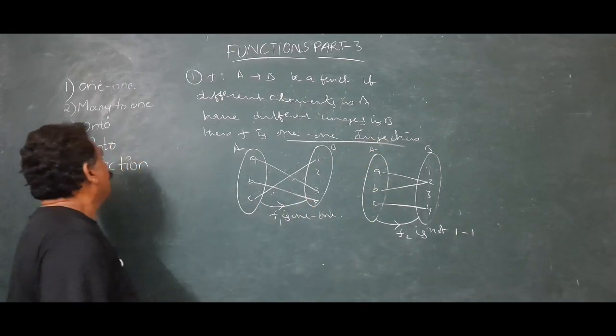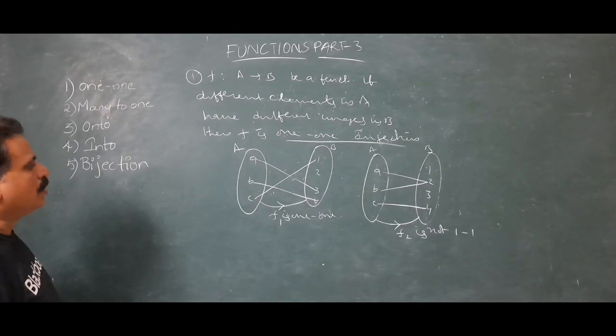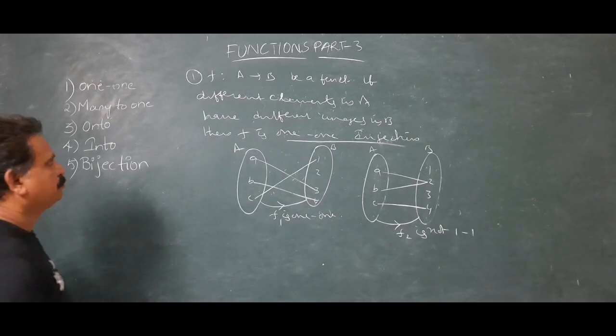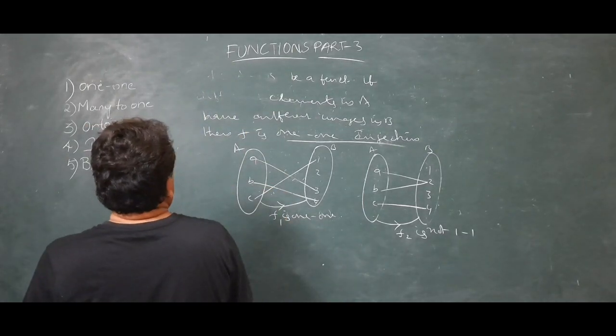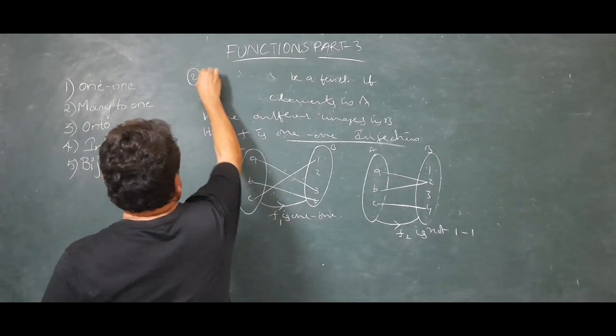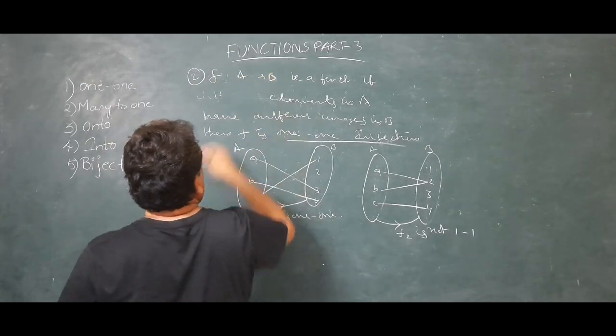Now we discuss the onto function. Now we are going to the onto function. Let f mapping from A to B be a function.